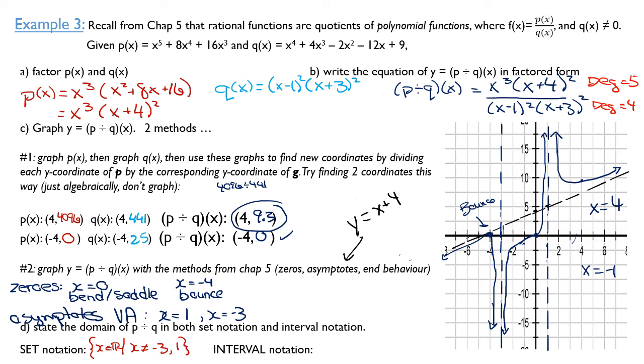In interval notation, we write it like this. We're talking again about x's, and x is an element of, or belongs to. So we think of this, remember, as a coordinate. The left-hand coordinate is negative infinity, and then that goes all the way up to negative 3. Square bracket or round bracket here? What do you think? Well, it's got to be round because we can't include negative 3.